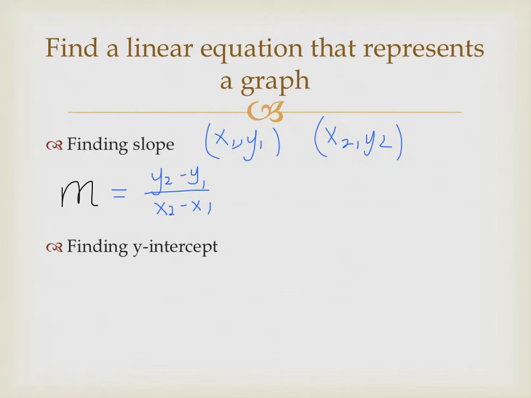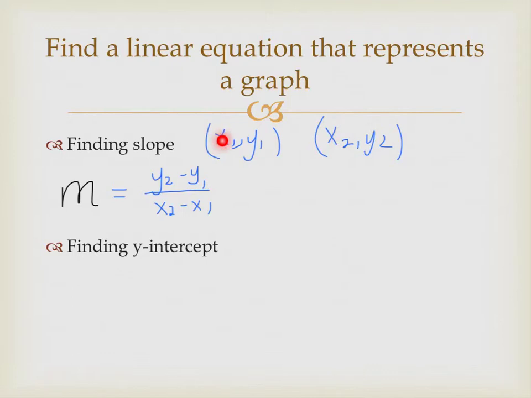Okay, so again, we have 2 points, x1, y1, and x2, y2. We have these 2 coordinates or locations on the grid, and then we can find the slope in between those 2 points by subtracting y2 minus y1 over x2 minus x1.